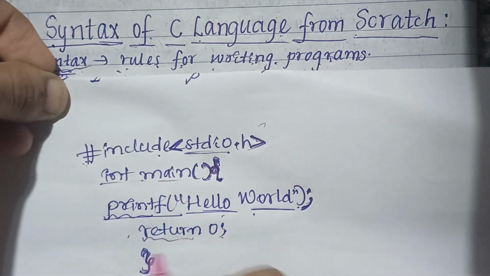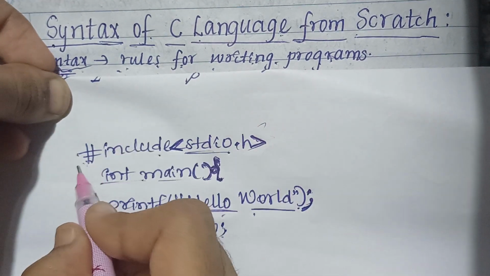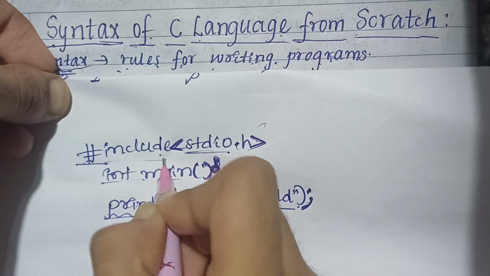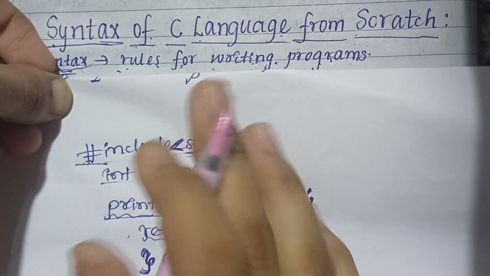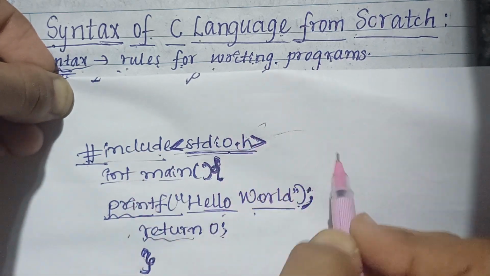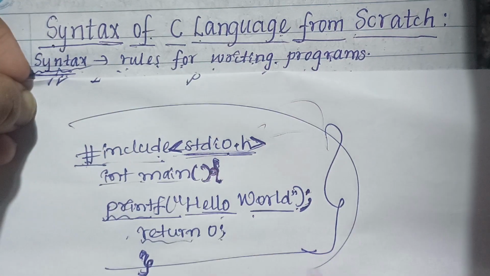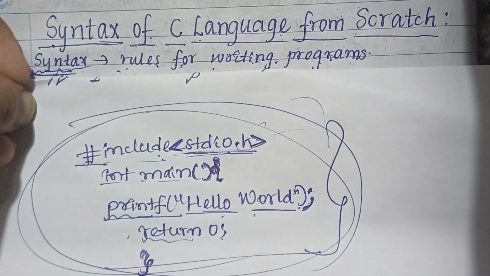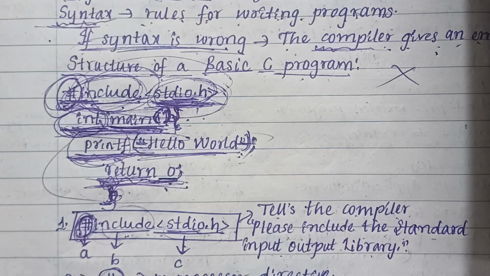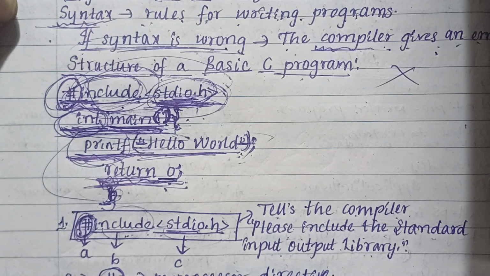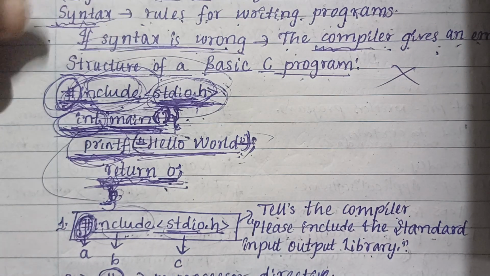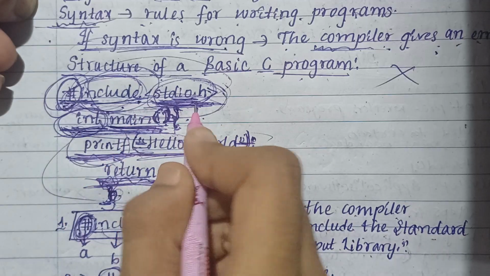So now let us learn in detail about what this hash is, what this include is, and what this stdio.h is, and where we are writing all those things. We'll learn about all these things in detail. Firstly, as we have seen, the first line of any C program is #include <stdio.h>.